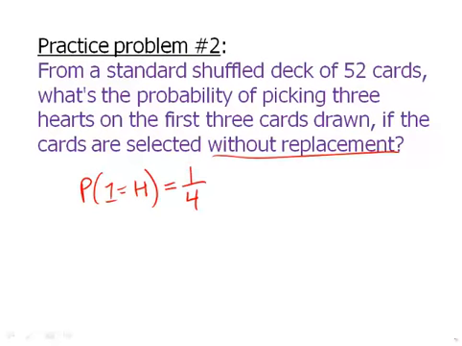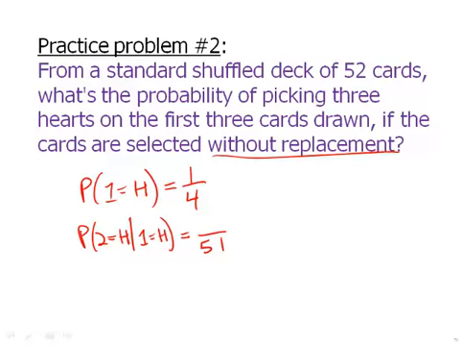so the probability of picking a heart is 1/4. Now it starts to get a little tricky. The second pick. What's the probability that the second pick is a heart, given that the first pick was a heart? Well, now we're dealing with a deck of 51 cards, not 52. So I'm going to put 51 in the denominator. And now, instead of having 13 hearts, one has been taken out already.